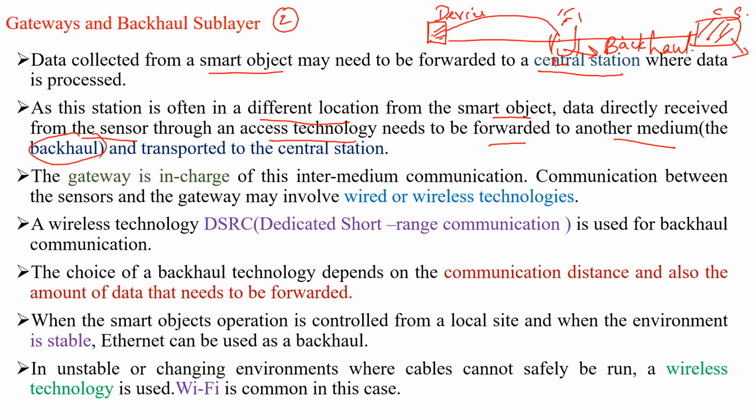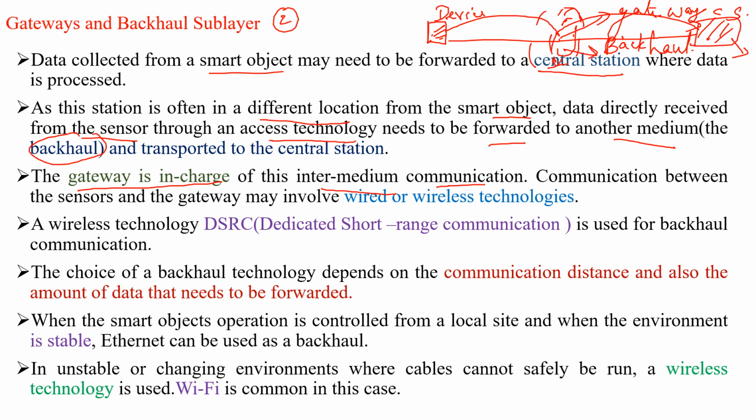So first it has to go to the backhaul, then it will go to the central station. Who is in charge of this communication? This communication is made possible by means of your gateways. So the gateway is in charge of this intermediate communication.